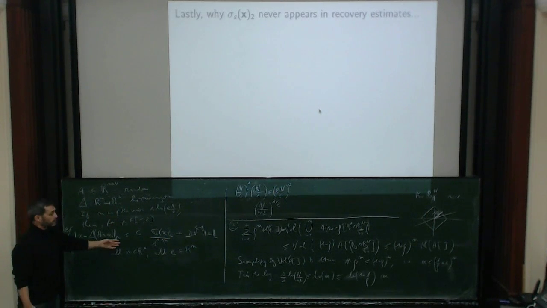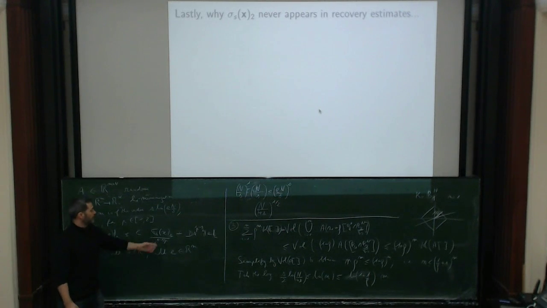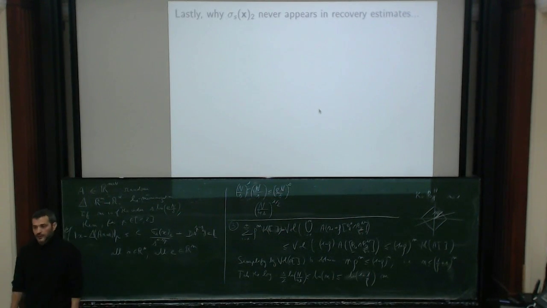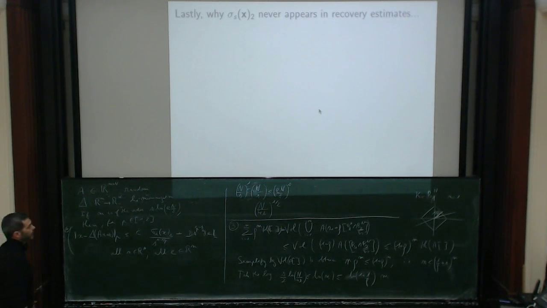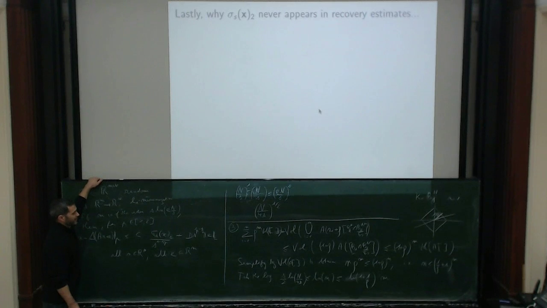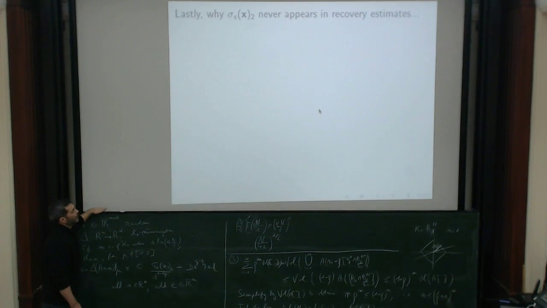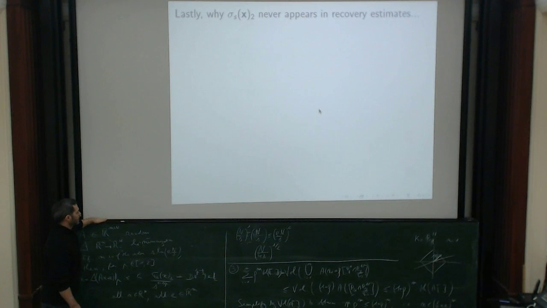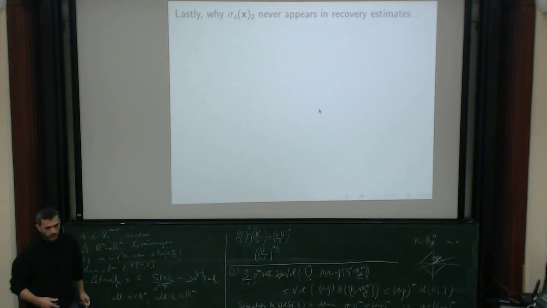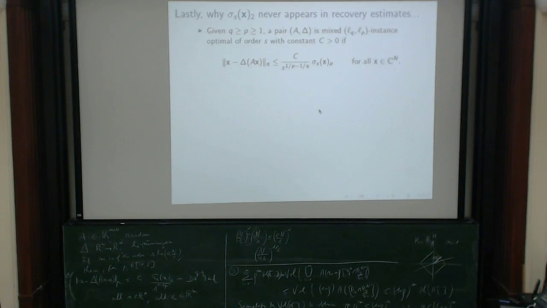Well, I play with P on the left-hand side, P between 1 and 2, but this index always stays a 1. Is there a reason for that? Yes, there is a reason that you won't see anything else than 1, or at least not in the uniform setting.